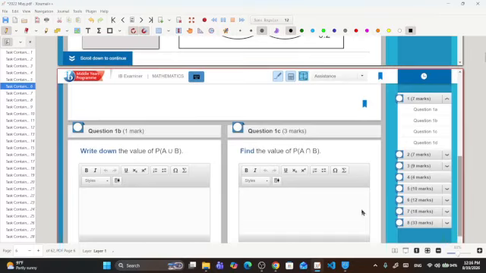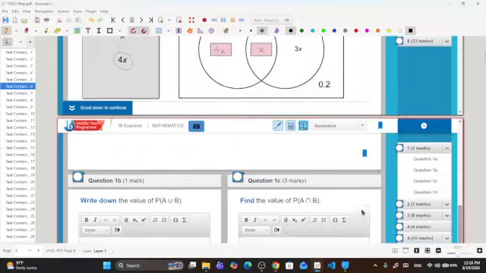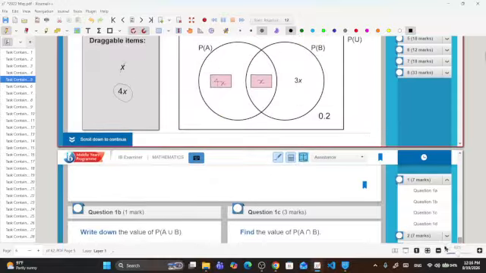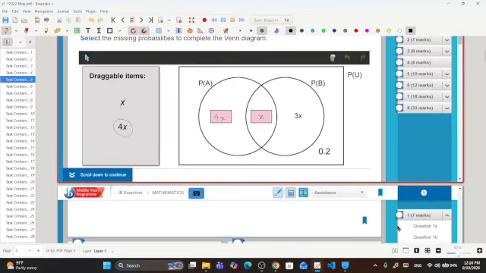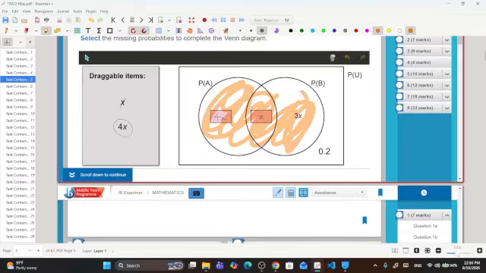Part B says write down the value of probability of A union B. Alright. So A union B is basically the combined probability of A and B, right? Which perhaps looks like this. Now, you see, what have we been told here?